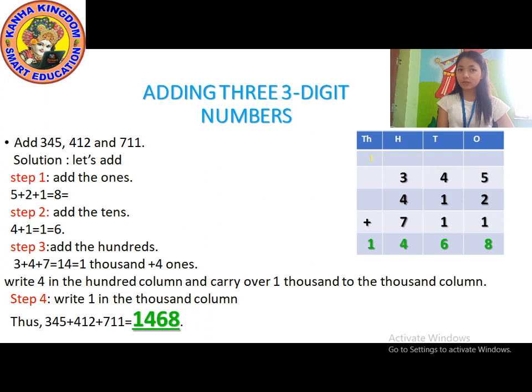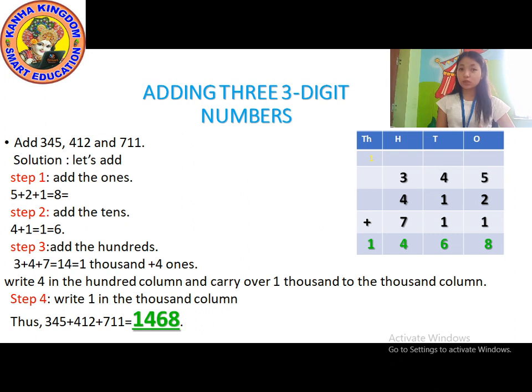In 412, 2 is the digit in the ones place, and in 711, 1 is the digit in the ones place. So we take 5 from 345, 2 from 412, and 1 from 711. So, 5 plus 2 plus 1.